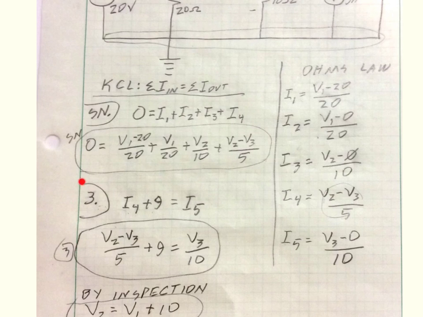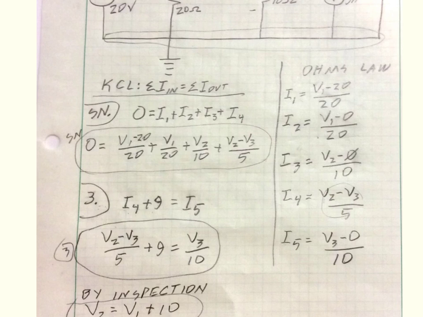I can go to node 3 and write Kirchhoff's current law. I have I4 coming in and 9 coming in, so current in is I4 plus 9. Current going out is I5. This is Kirchhoff's current law for node 3.